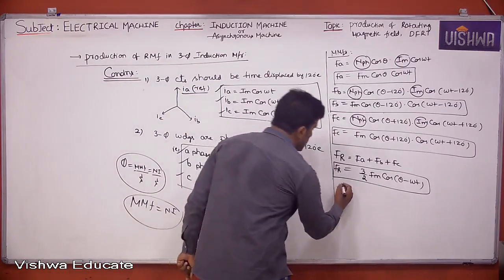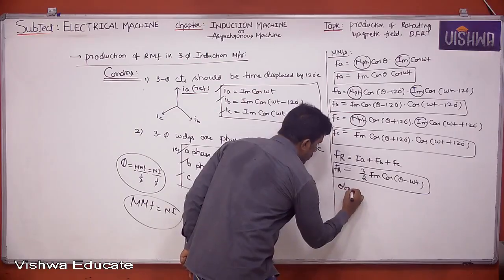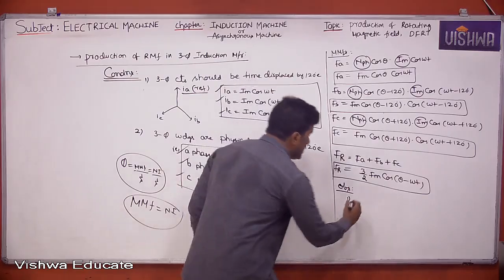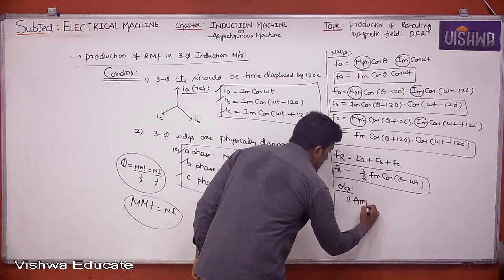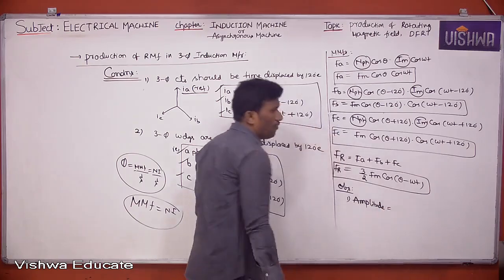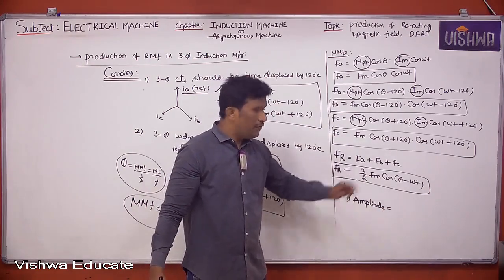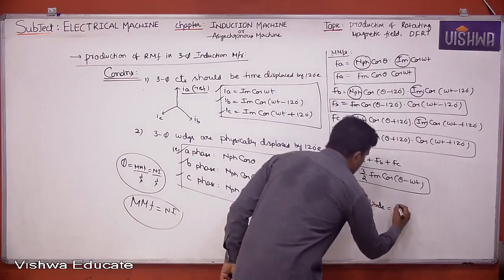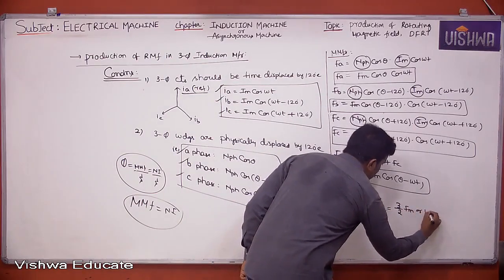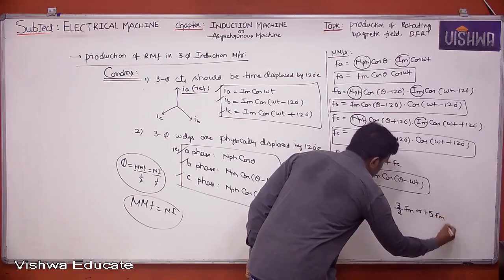So let me have some observations or conclusions from this equation. What is the amplitude of this resultant MMF waveform? 3 by 2 Fm, or I can say 1.5 Fm.